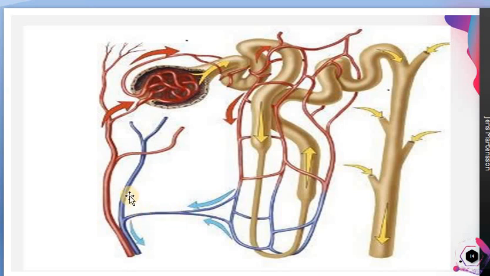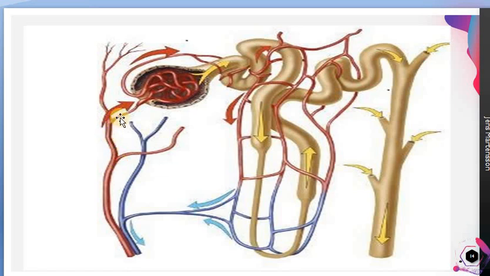This is the venule, and this is the renal vein, and this renal vein opens up in the, anyone? Renal vein opens up in the inferior vena cava. Okay, this inferior vena cava directly takes the blood to the heart, isn't it? So the inferior vena cava takes the impure blood from the lower parts of our body. Okay, so what are the blood vessels we have learned now? First one, aorta. Aorta produces the renal artery.